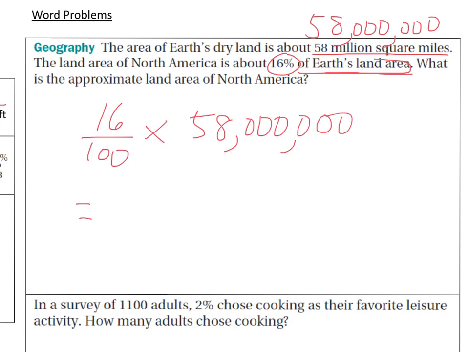I can solve this expression, okay, to find out the approximate land area of North America, which is represented by 16%. So we can first cancel out the 2 zeros, and then we can multiply 16 by 58 and see what we get.